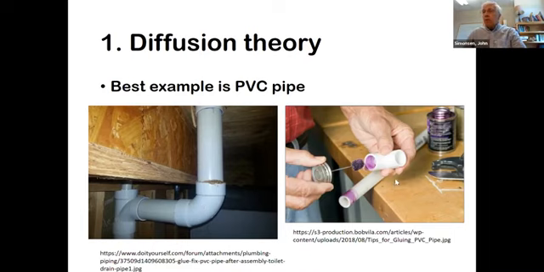And the way it works is the primer is a solvent for PVC. PVC is polyvinyl chloride. It's a polymer, and it dissolves in a variety of solvents, including the solvent that's in the primer. You also have solvent in the glue. Also in the glue, you have some PVC itself, right?